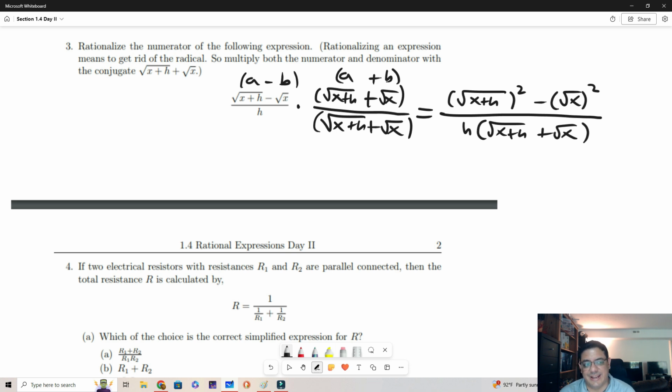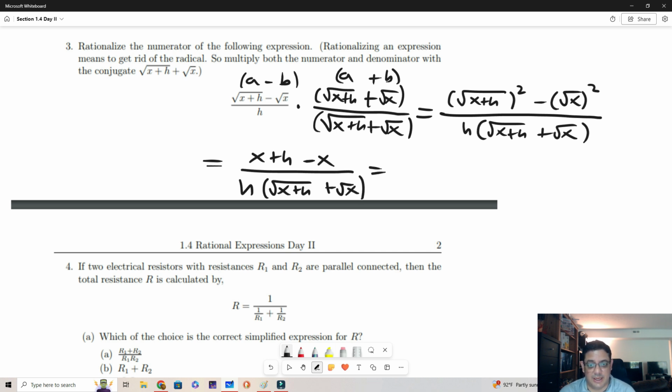Now notice that you can cancel out the roots with the squares, and then this is going to give me x plus h minus x divided by h times the square root of x plus h plus the square root of x.